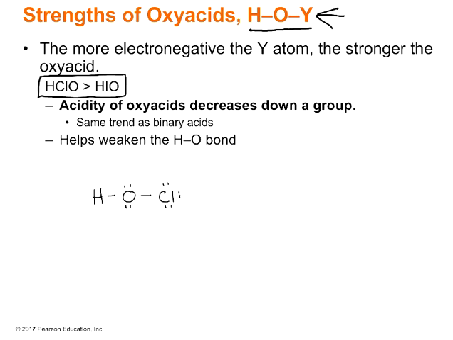So the hydrogen is actually bonded to the oxygen, and the oxygen is bonded to the chlorine for HClO. And then for hypoiodous acid, it's the same thing, except instead of chlorine, we have iodine.